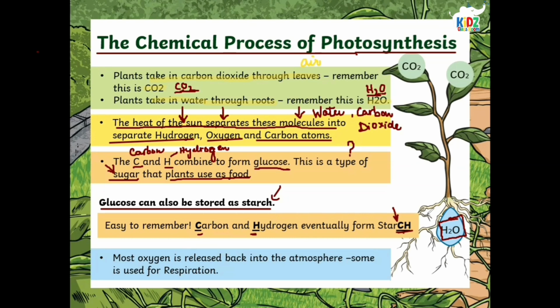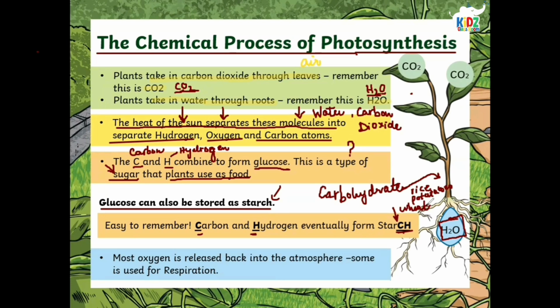And what is starch? Starch is the chief form of carbohydrate which is stored as energy in plants, like rice, potatoes, wheat. These are all carbohydrates.